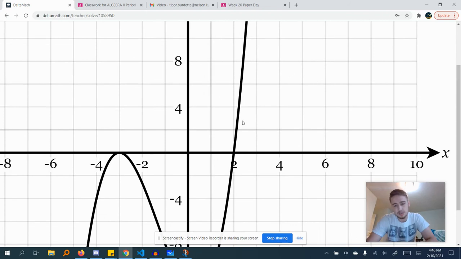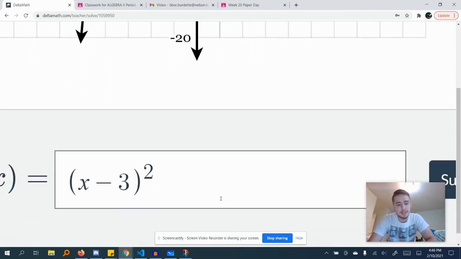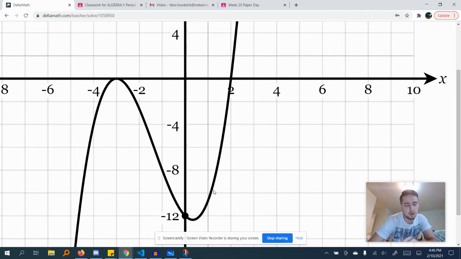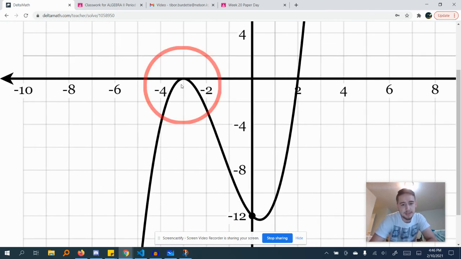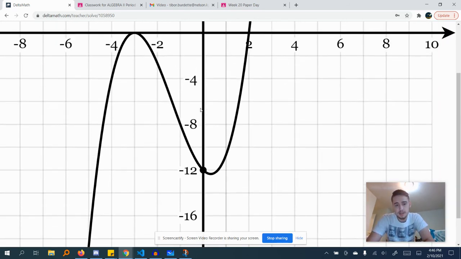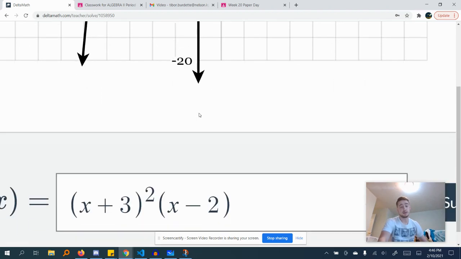Here, it's crossing at x equals 2. So x minus 2 needs to be a root. And I made a typo on the one on the left, because at -3 is our root, meaning x plus 3 has to be our factor. So that needs to be what we do. Now we actually have to check and multiply it out to make sure that at 0 we get -12.